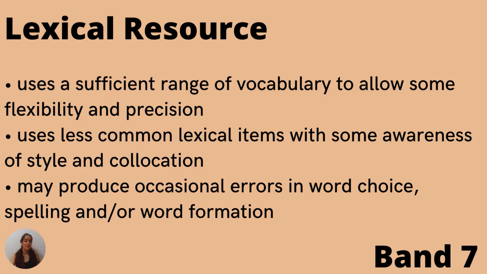The next item that makes up your score is about lexical resource. As I told you previously, it simply relates to your vocabulary use. A person who can get 7 can use a sufficient range of vocabulary to allow some flexibility and precision. So it means that this person, the author, is trying to use a wide variety of vocabulary.